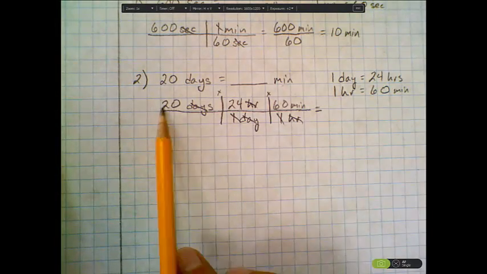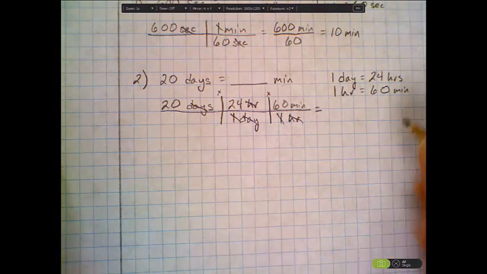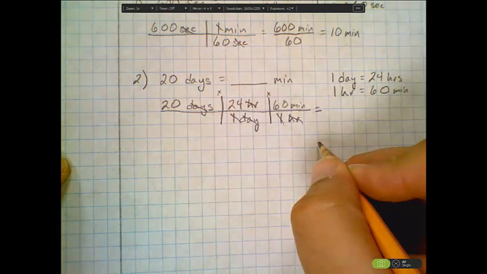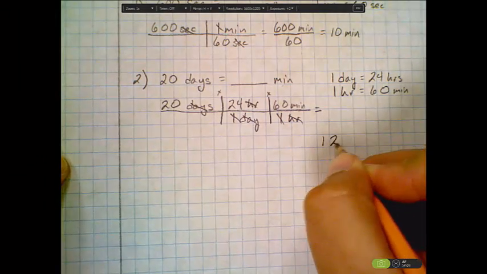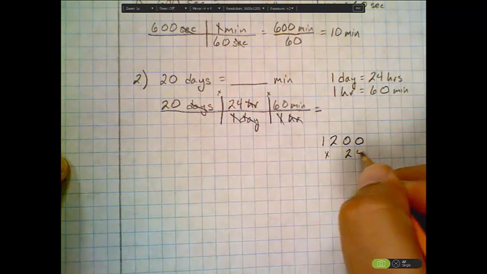Well, I can do 20 times 60 in my head. That's 1,200. And then we can multiply that times 24.